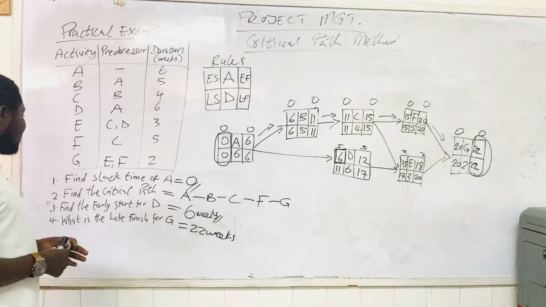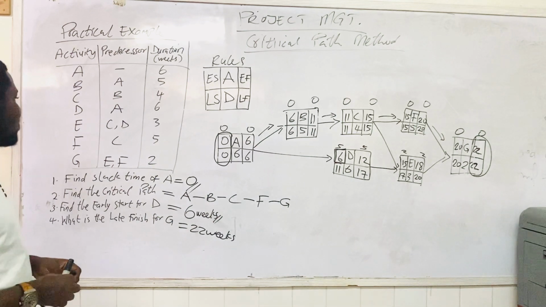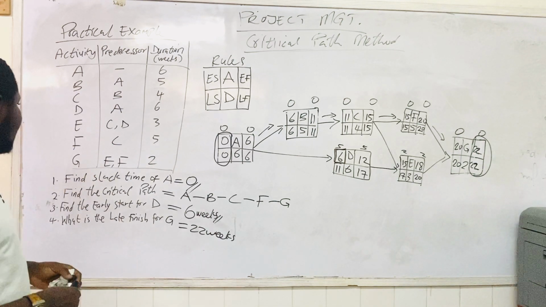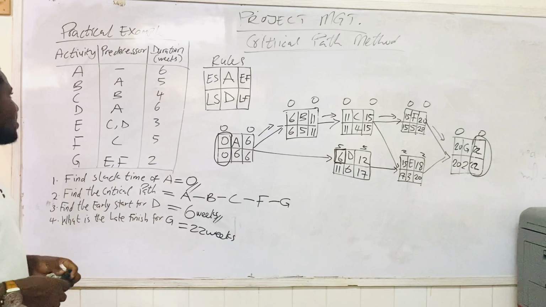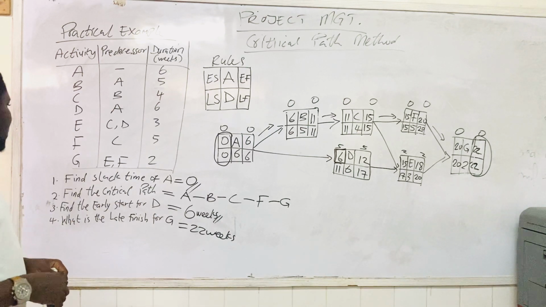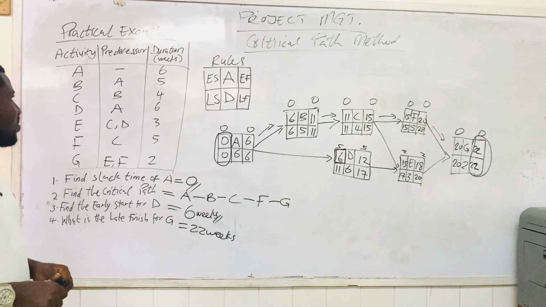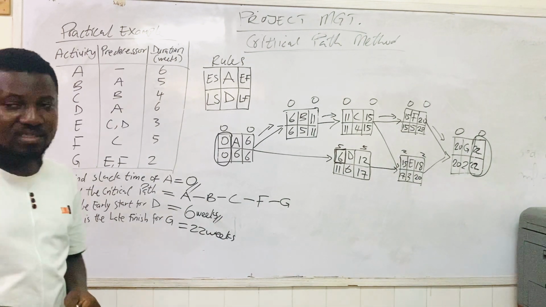So this has become very simple. We are now solving the practical example, and so wherever you find yourself and you come across such an illustration, I pray and believe that you'll be able to get it done in peace.